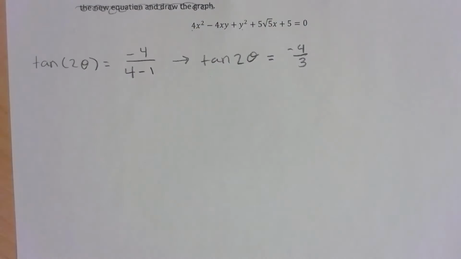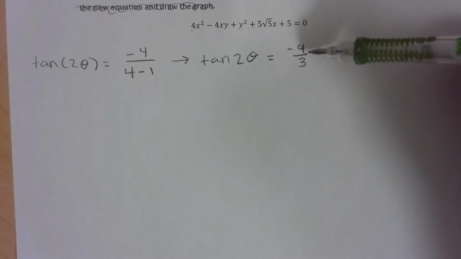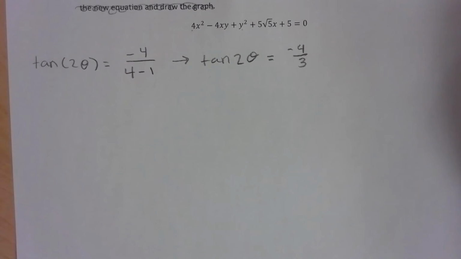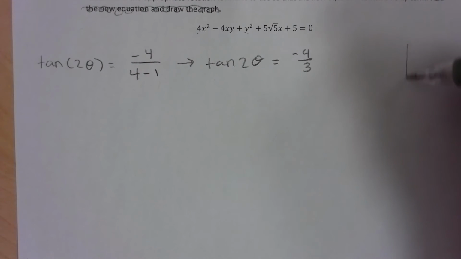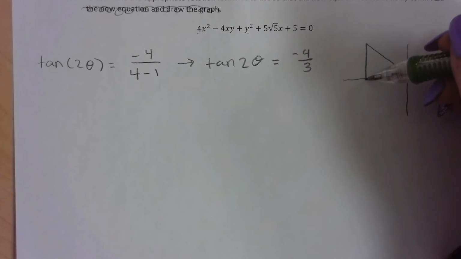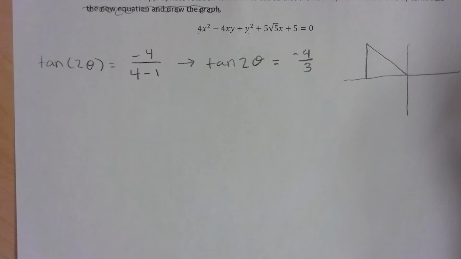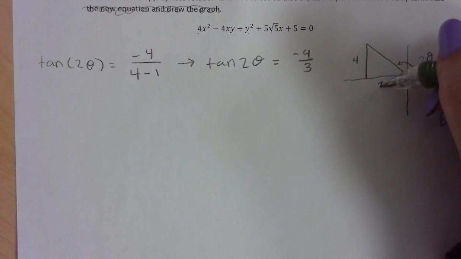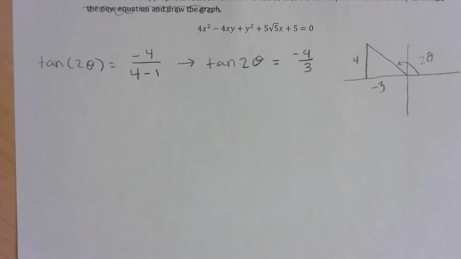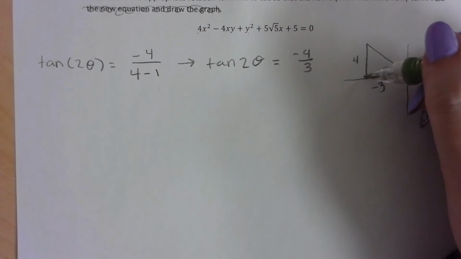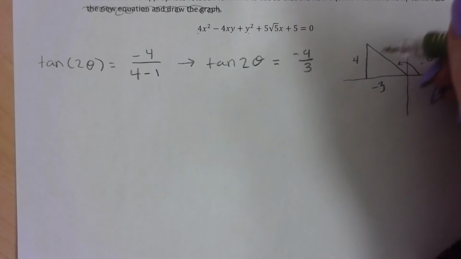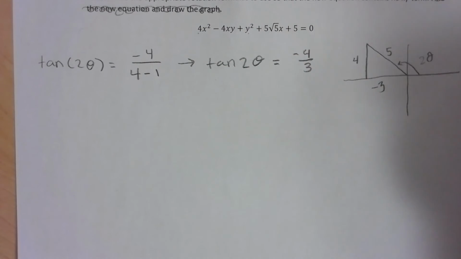I don't know if you guys remember, but there is nowhere on the unit circle that tangent is -4 over 3. So we have to do this lovely thing that we did back in chapter 7, where we draw our picture. So here's 2 theta. Tangent is y over x, so the negative goes with the x here because we went to the left. This is a 3, 4, 5 triangle.